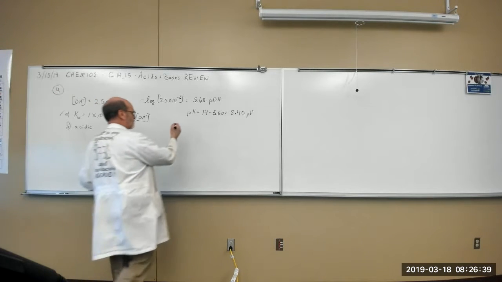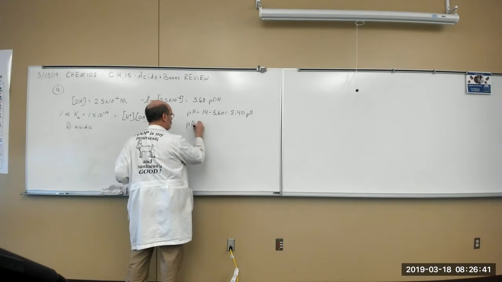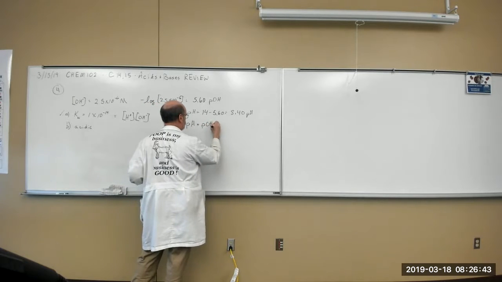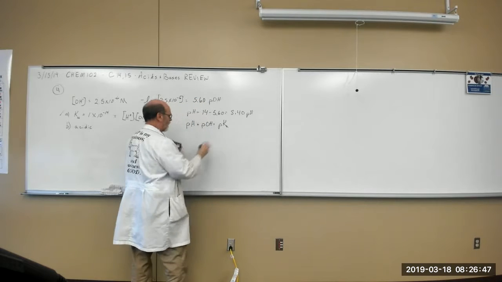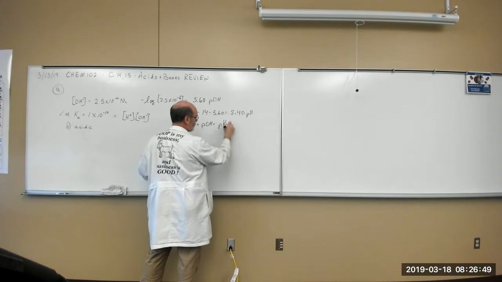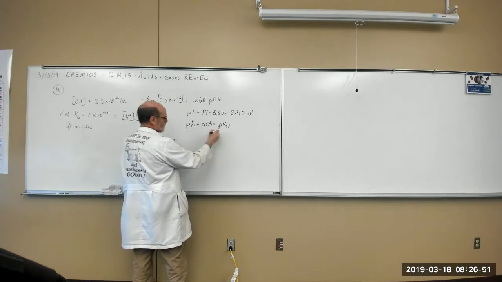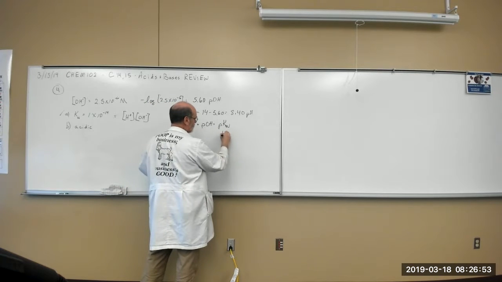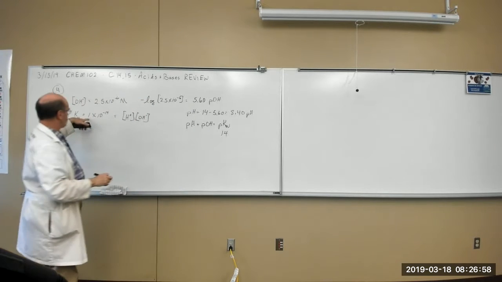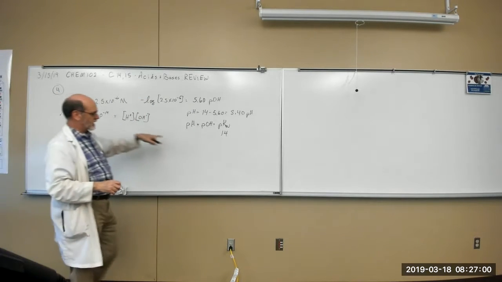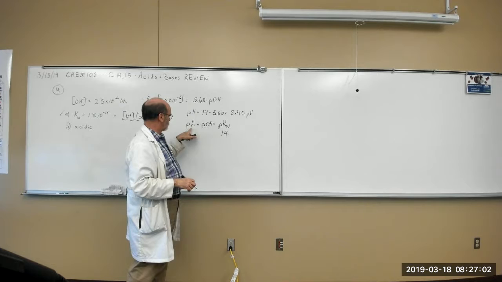Remember, pH plus pOH equals pKw. Since this is 14, take the negative log of Kw, you get 14. It's always equal to this plus that.